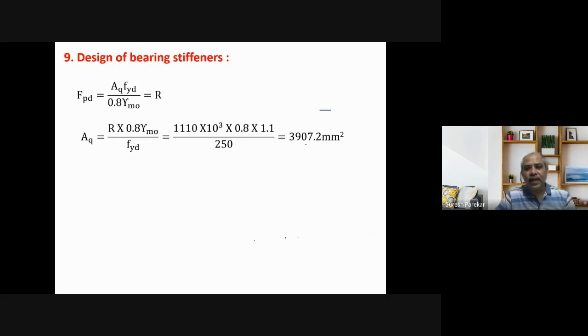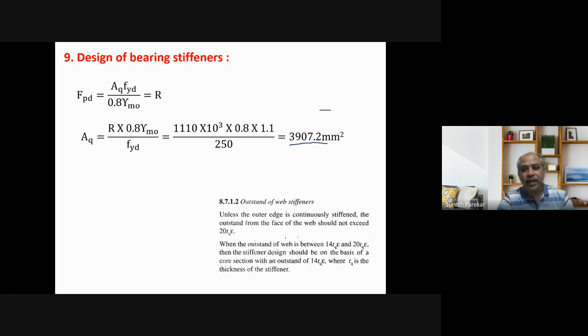That gives me the value of Aq as 3907.2 mm square.